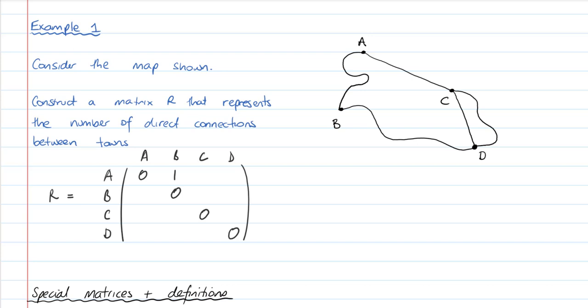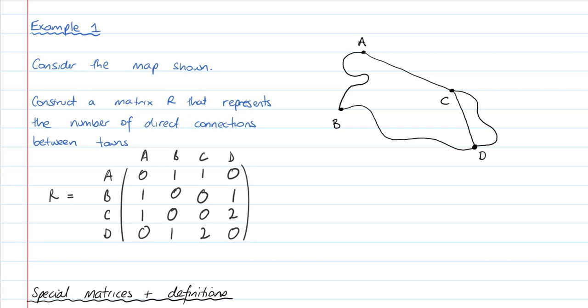So if A connects to B, well, that means that B connects to A. A connects to C, and therefore C connects to A. A does not connect to D. B connects to C, no it doesn't. B connects to D once, and D connects to B once, and then C connects to D but twice. So I'm going to put a 2 here.